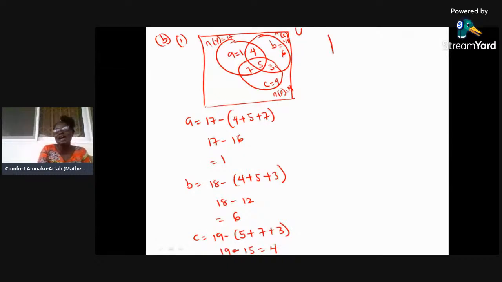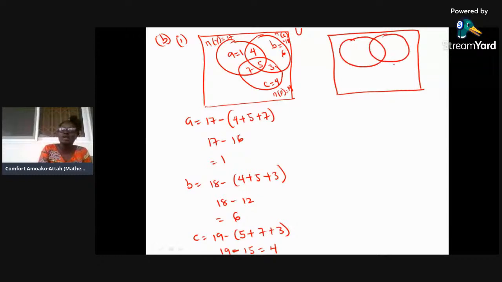You can decide to rewrite everything again so that your work becomes so simple. So input the values, then work out the total number of women who are in the group.